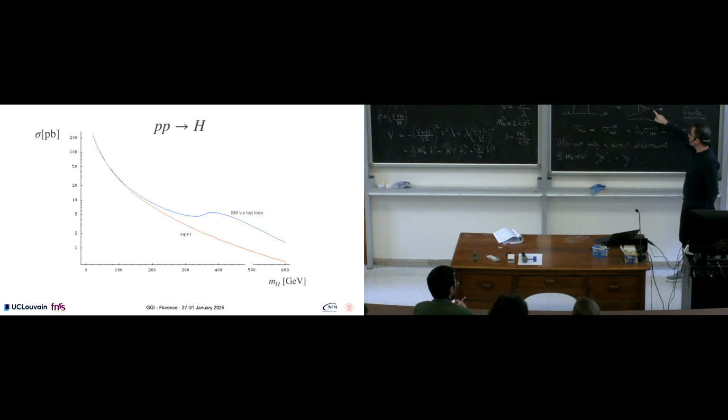So what is the minimal virtuality of this one? The minimum will be 250, right? Because I have to produce two on-shell Higgses. So I'm already at 250, I'm already here. And then I will never produce two Higgses just at threshold, because the cross-section is zero at threshold. It increases, and it has a maximum value at around 400 GeV, which is here.